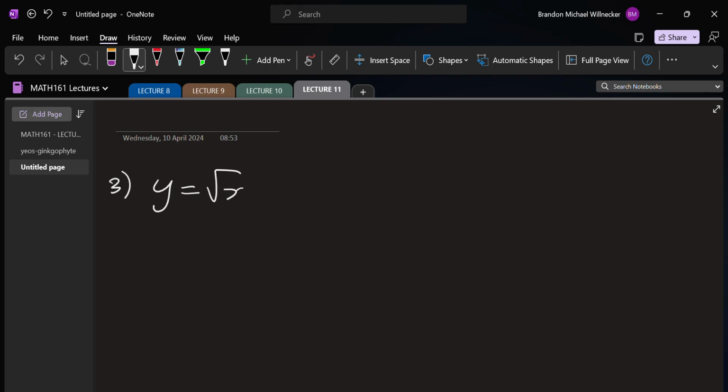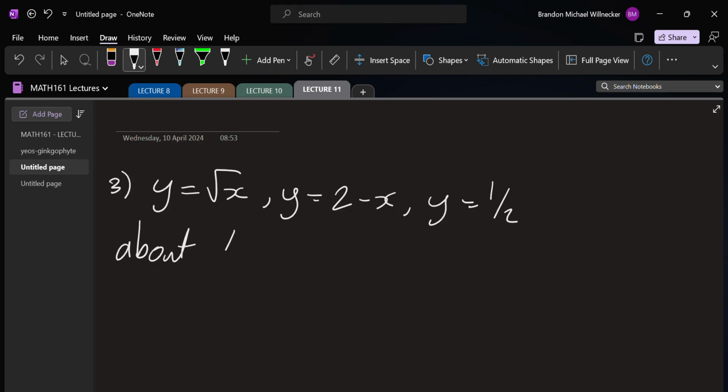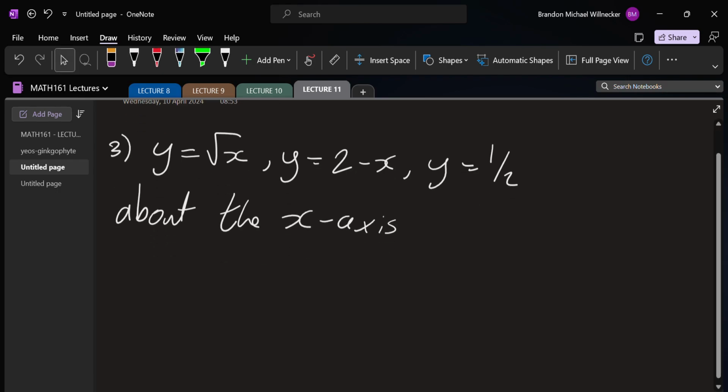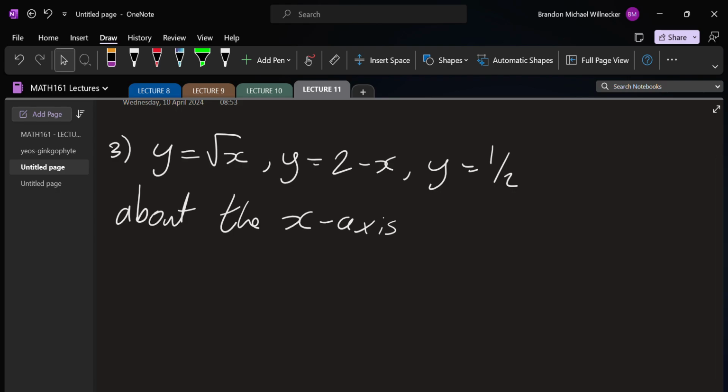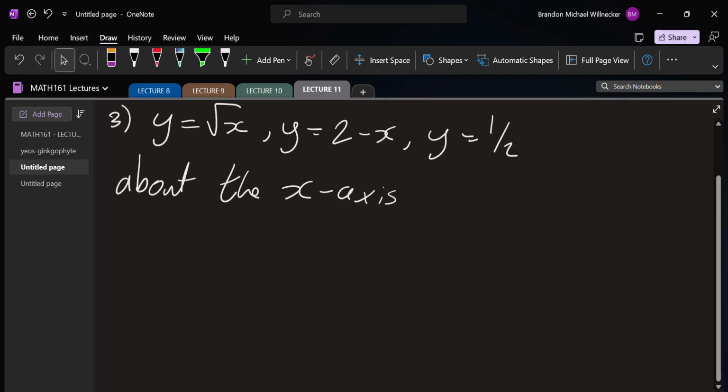Okay, number 3. So we have y equals root x, y equals 2 minus x, y equals a half, about the x-axis. Okay, so here, a bit more complicated. We just need to be careful about what's going to be the inside radius and the outside radius.